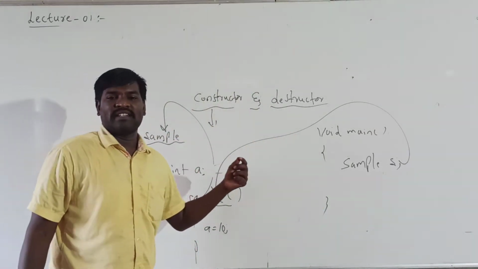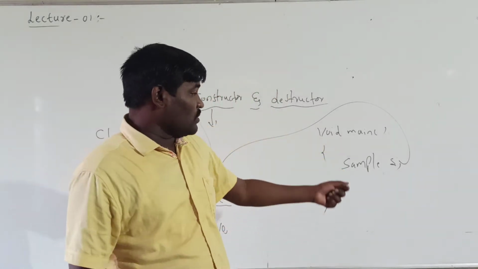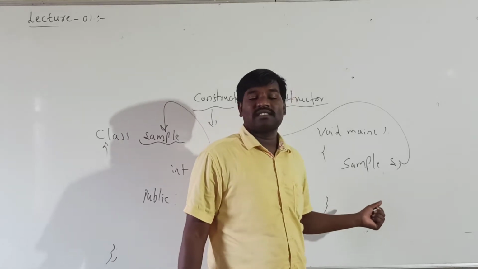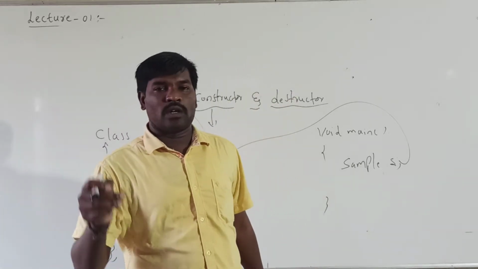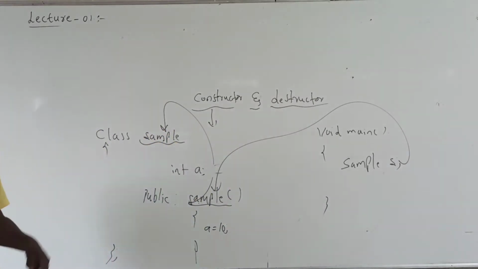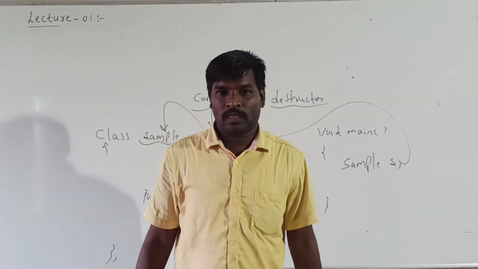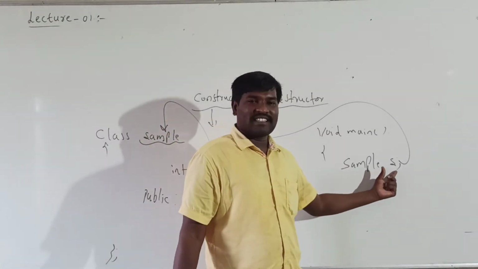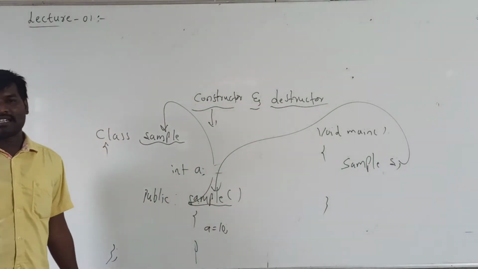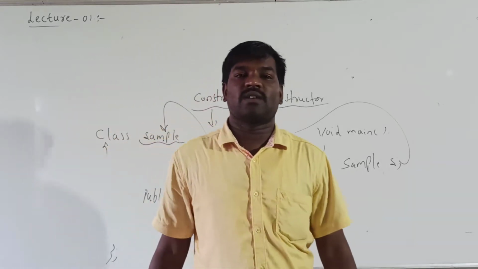Suppose you are defining read or display, you can manually call s.read or s.display, with the help of the object and dot operator. But a constructor cannot be called manually. Once you create the object, it will automatically call the constructor. The creation of an object is nothing but the calling of the constructor.